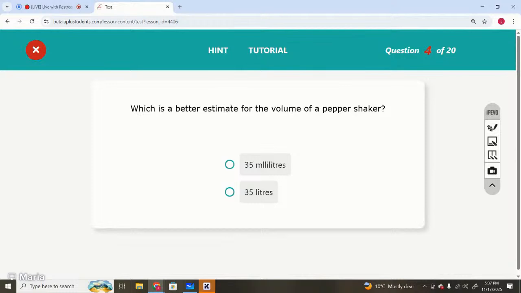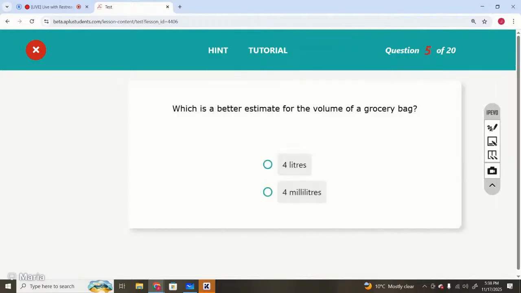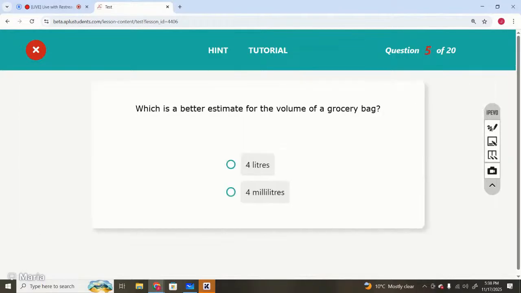Which is a better estimate for the volume of a pepper shaker? So, which is the correct option? The volume of the pepper shaker would be 35 milliliters.